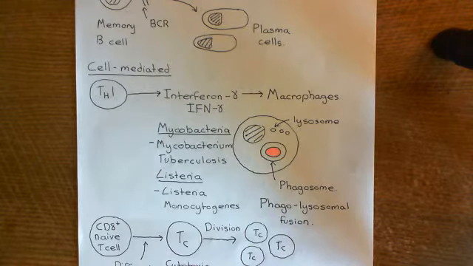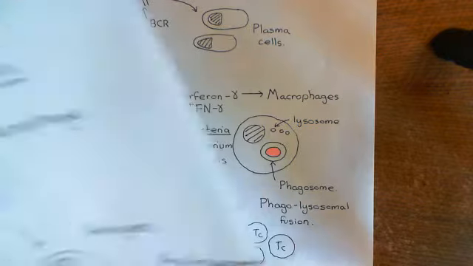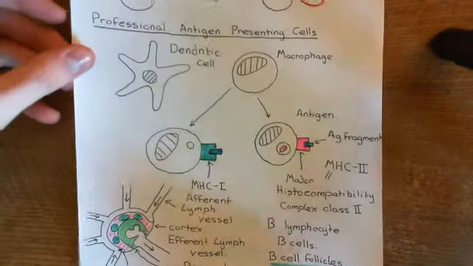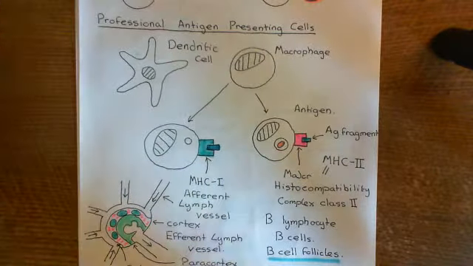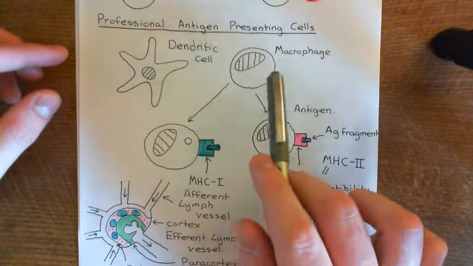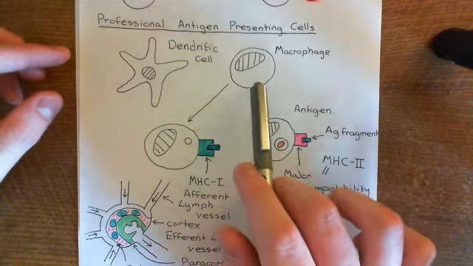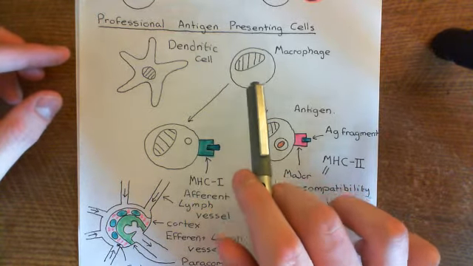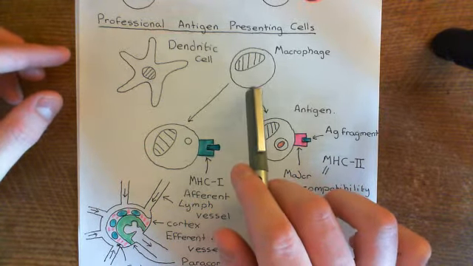Now let's look at the other portion of the cell-mediated response. This is the part that's totally different from the humoral response. If your pathogen is intracellular, then the pathogen may well actually infect the macrophage without being phagocytosed.